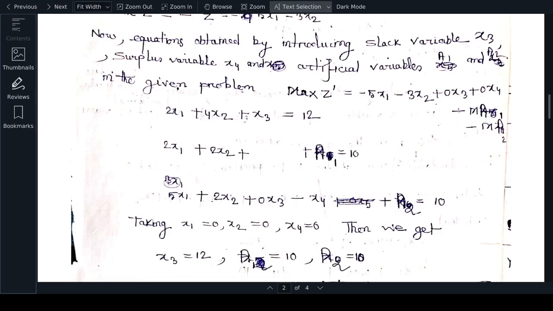Okay. So Cj is the same as the coefficients of the objective function.